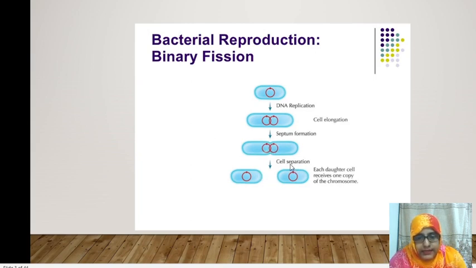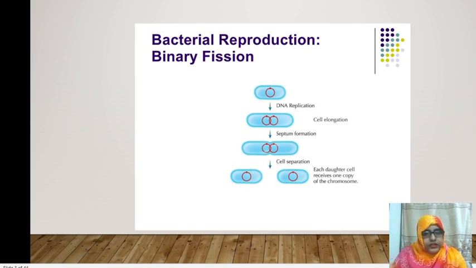You can see here cell separation. Then each daughter cell receives one copy of the chromosome. Both daughter cells have the same copies as the parent cell. This one is a parent cell and these two are the daughter cells. This is the basic process of reproduction in bacteria.